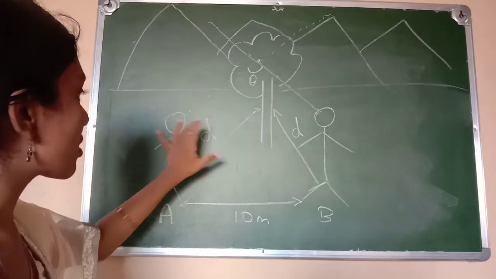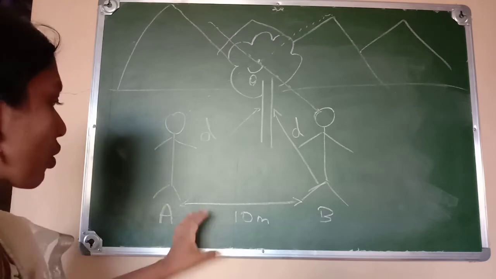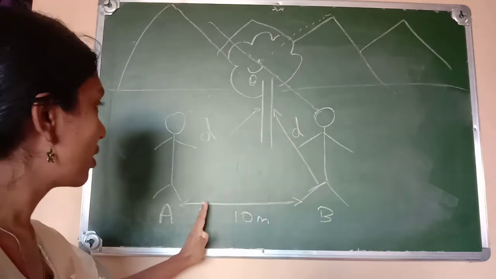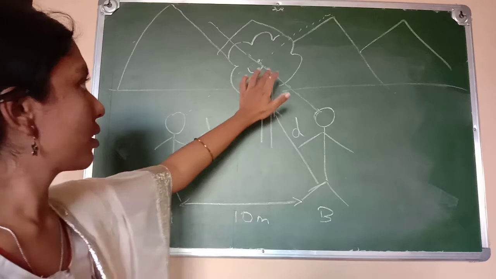So now you can measure this distance D, because you know the distance here and you know the angle subtended.